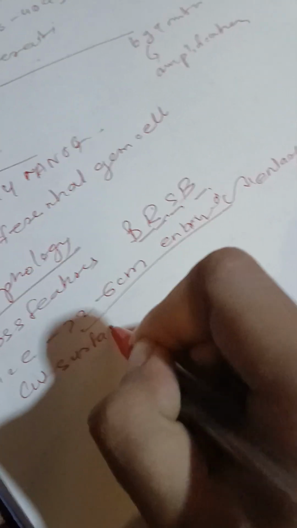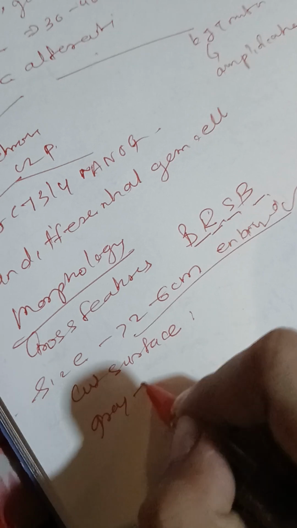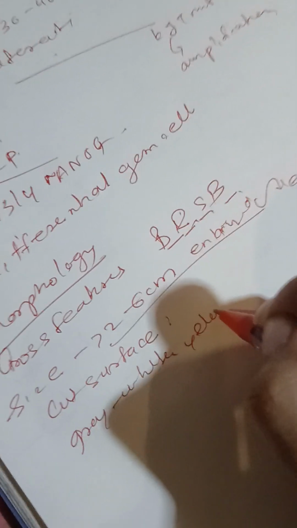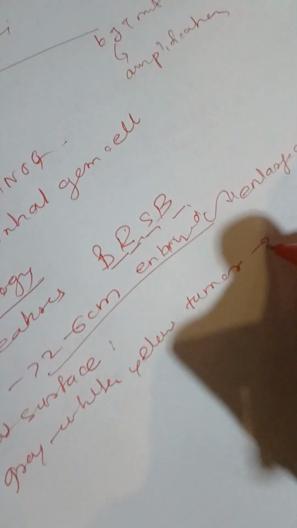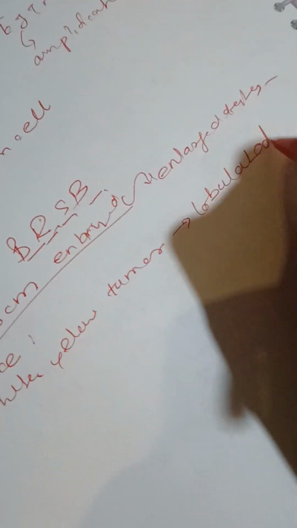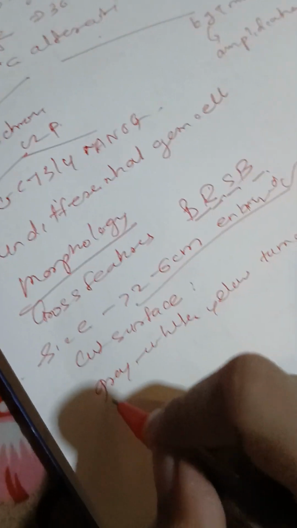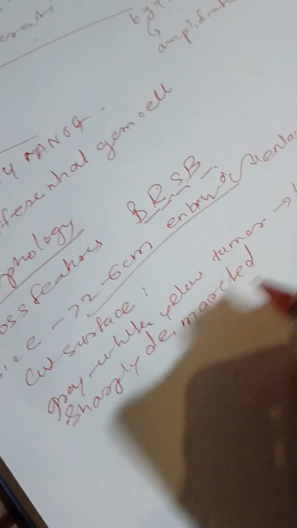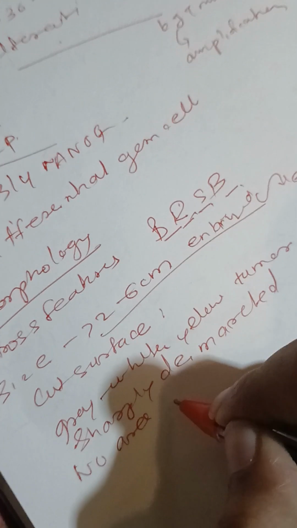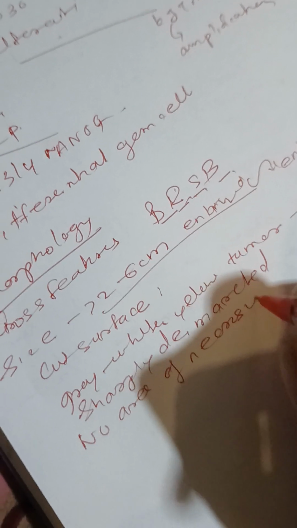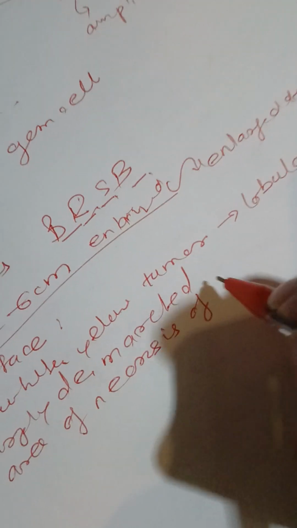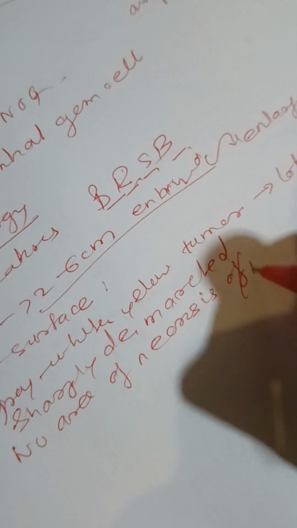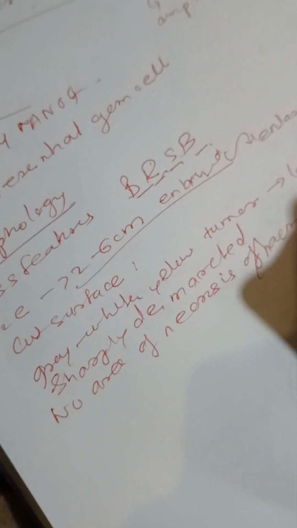Now the cut surface. A very important feature is that it's a grey white to yellowish tumor which has a lobulated appearance. At the same time, it's sharply demarcated from the surrounding normal testicular tissue, and it shows no areas of hemorrhage or necrosis, because hemorrhage and necrosis are common in teratoma testis and mixed germ cell tumors.